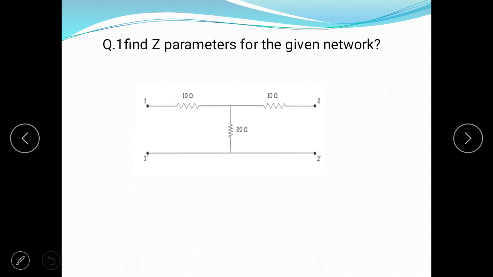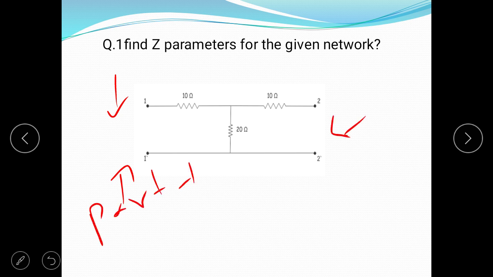So we take an example to find Z parameter. In the given question, find Z parameter for the given network. So in this network, this is port 1 and this is port 2.